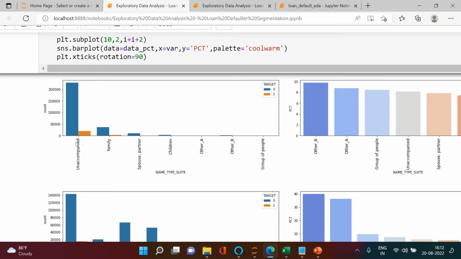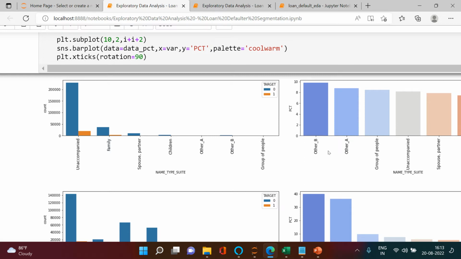Most of the time when the loan was taken by the client, they were unaccompanied. The other populations are very small, almost negligible. Either the clients were with family or they were unaccompanied. Mostly they were unaccompanied when they took the loan.